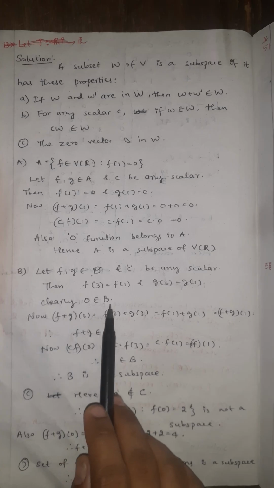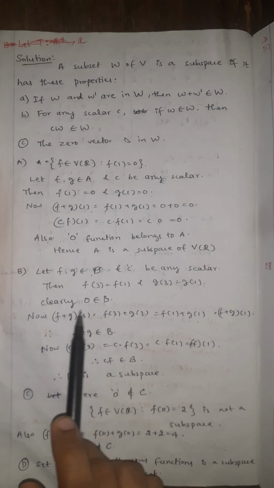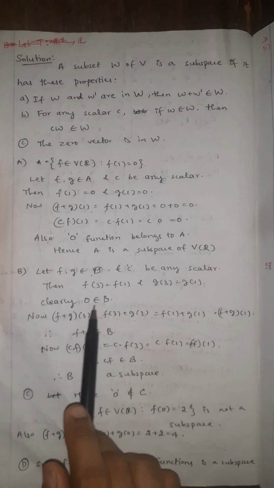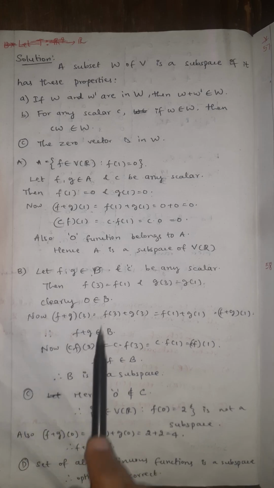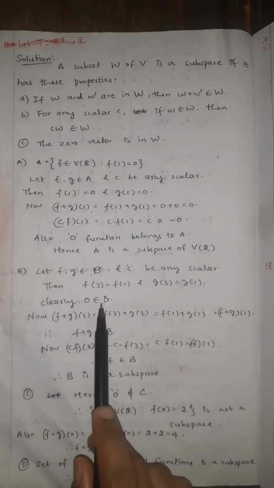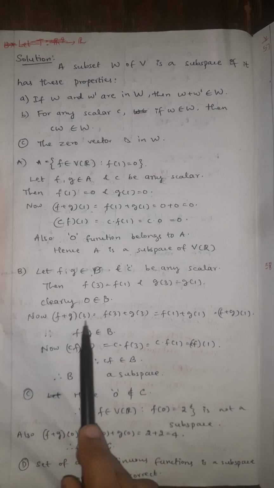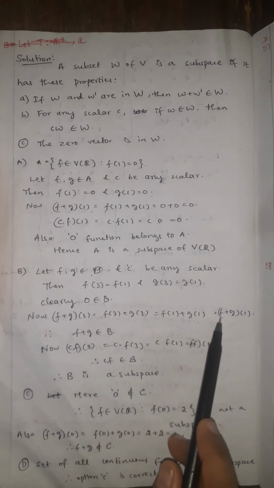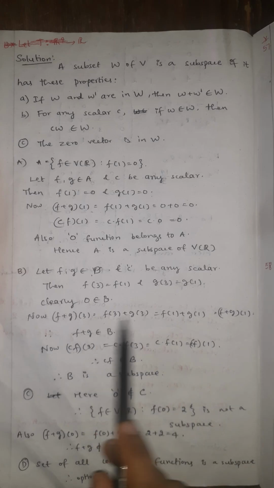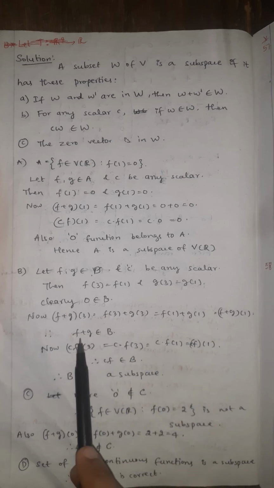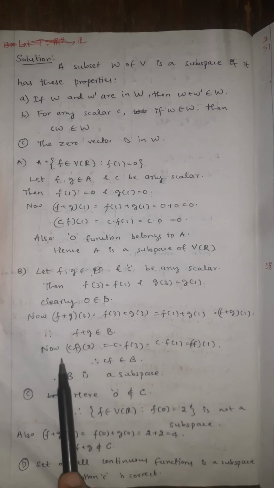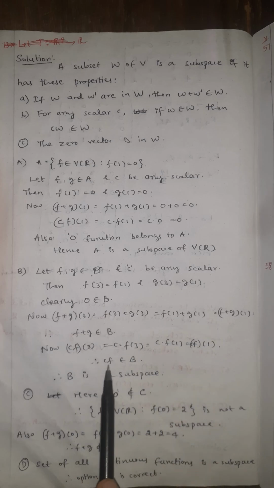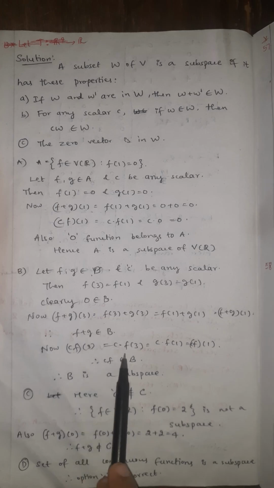Clearly 0 belongs to B. B is the set I have given in the question, option B. So the 0 vector belongs to B. Also f plus g of 3, f of 3 plus g of 3, is equal to f of 1 plus g of 1, equal to f plus g of 1. So it satisfies the condition. Therefore f plus g belongs to B. Similarly, c into f, scalar multiplication, also belongs to B. That is, B is closed under addition and scalar multiplication. Therefore B is a subspace.